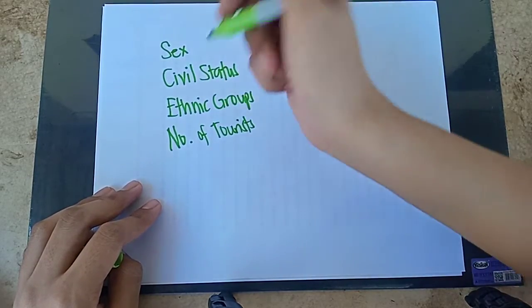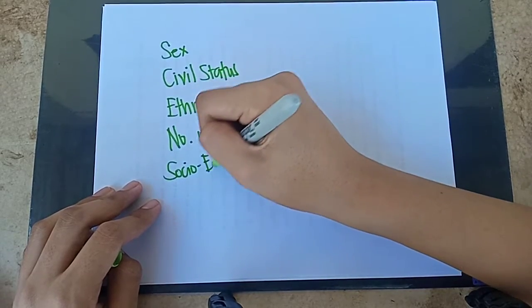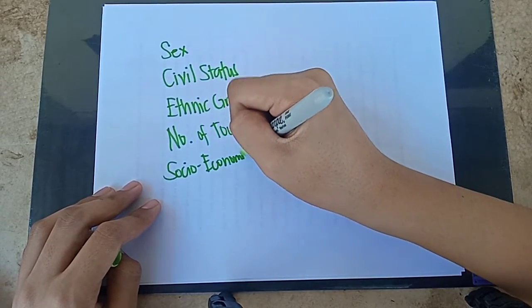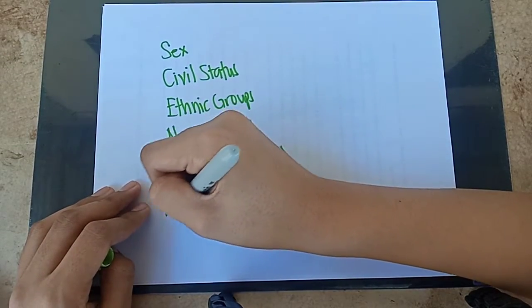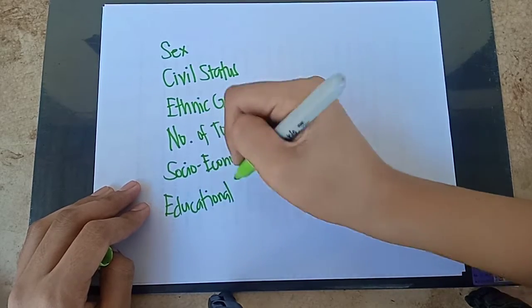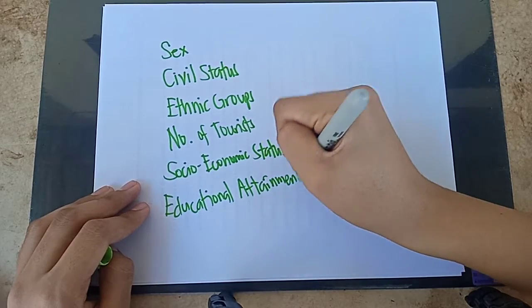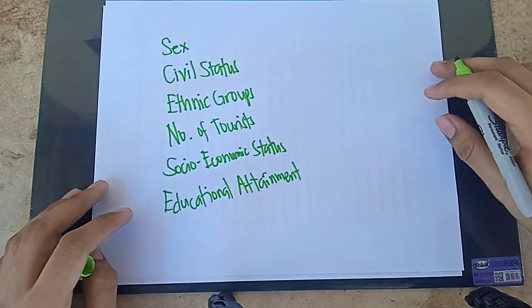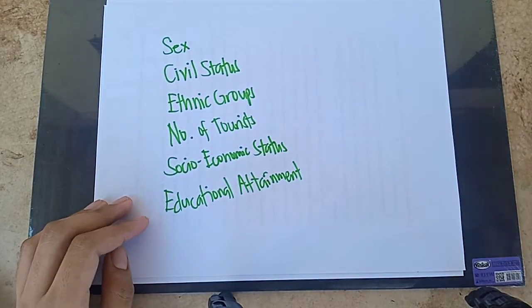Let's say we have socio-economic status. Then we have educational attainment. Okay? Now, with these variables, let us try to list down some possible values.